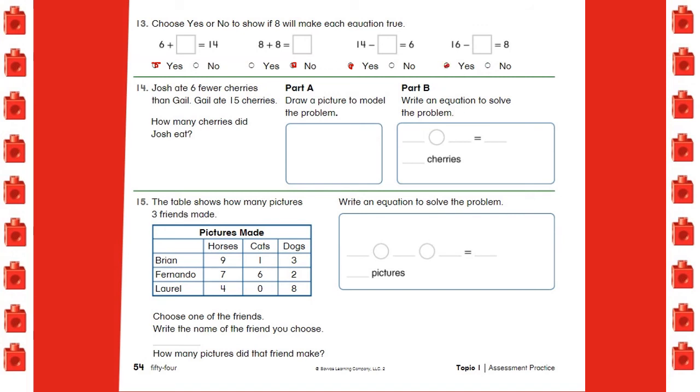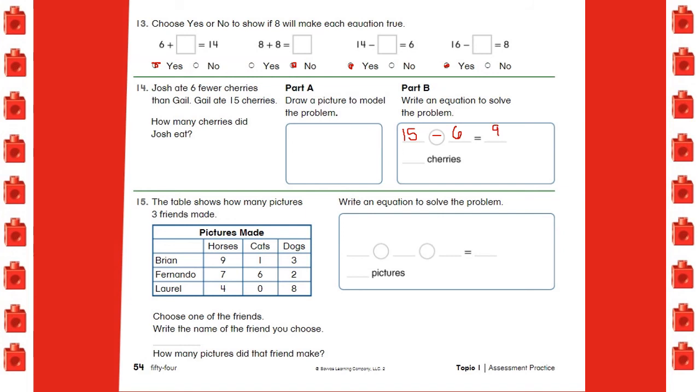Number 14. Josh ate 6 fewer cherries than Gail. Gail ate 15 cherries. Okay, how many cherries did Josh eat? Lots of different ways you could have come up with this. Okay, and what you needed for an answer, I'm just going to give you one sample answer. 15 minus 6 equals 9.